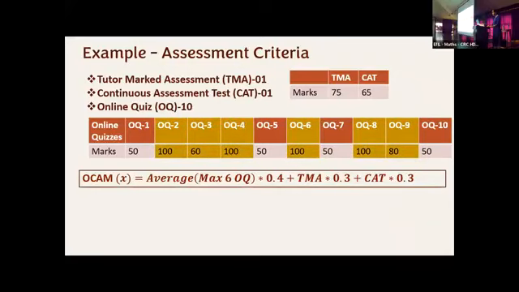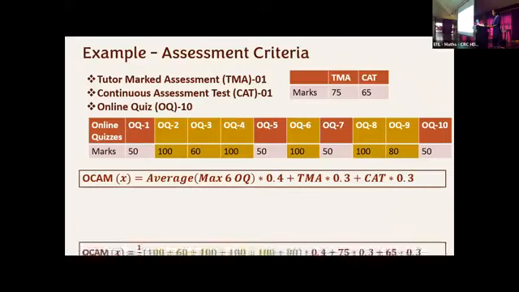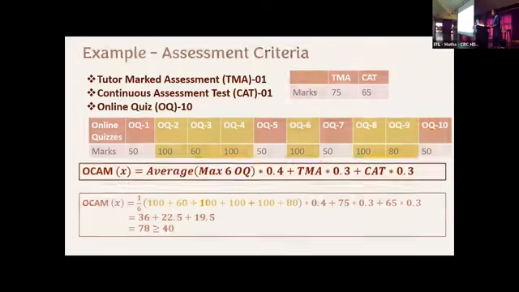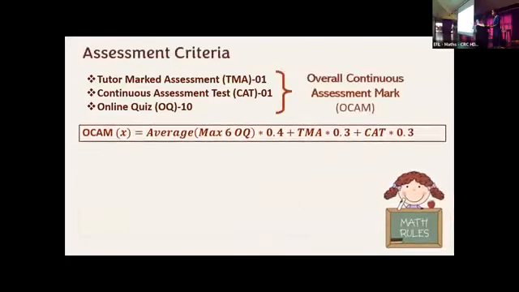So I have highlighted the maximum ones there. Let me plug into the equation: 65 for the CAT, 75 for the TMA, and the maximum average. Then you got 78 marks, which is greater than or equal to 40. Then you can sit for the final examination. That means if your OCAM mark is greater than or equal to 40, you are eligible to sit for the final examination. Okay.